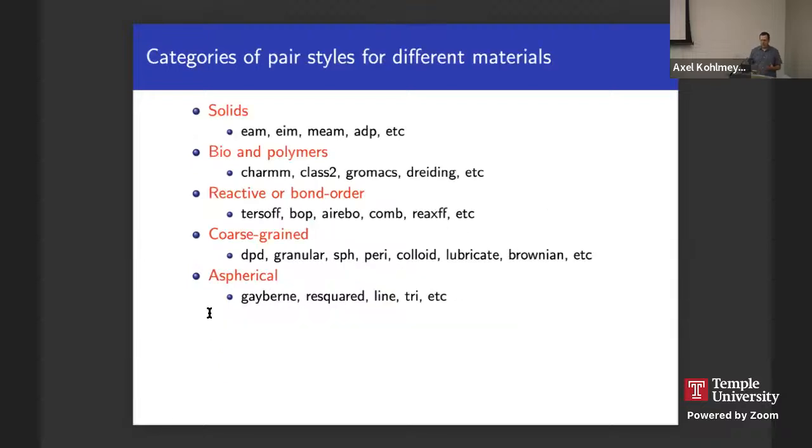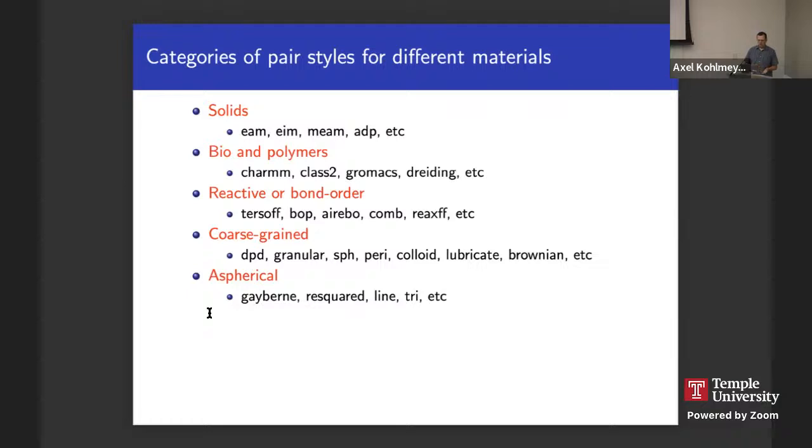So here's some categories of different pair styles. If you want to model a solid, like a metal, then EAM is a good choice. There's also others. For bio and polymers, you could use the CHARMM force field or others.